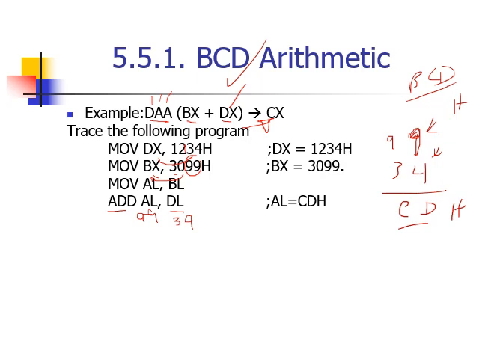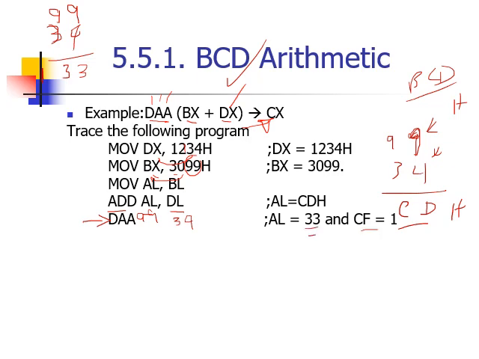So this is the result. But the correct result I need to get should be what? 9 plus 4 is 13. Then 10 plus 3 is 13, and carry 1. Decimally adjust after addition gives you 33 in AL, CF is 1.